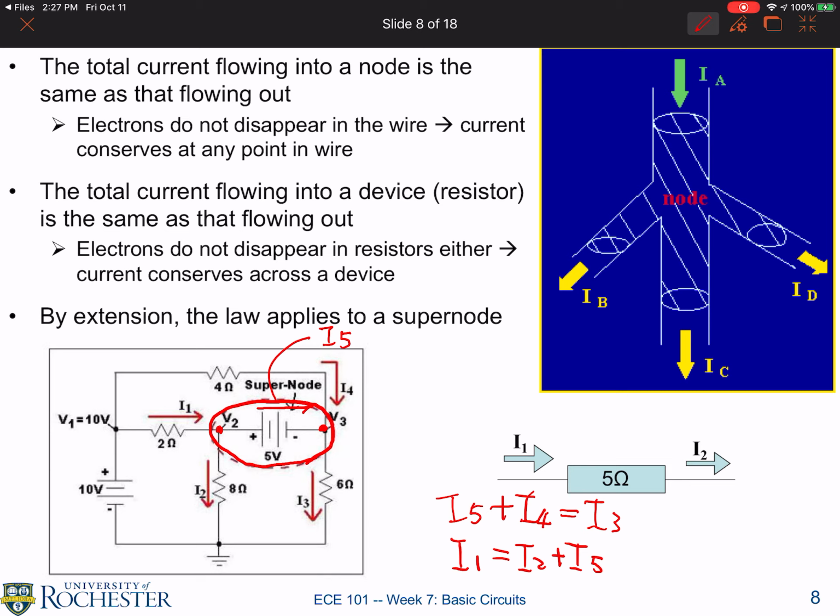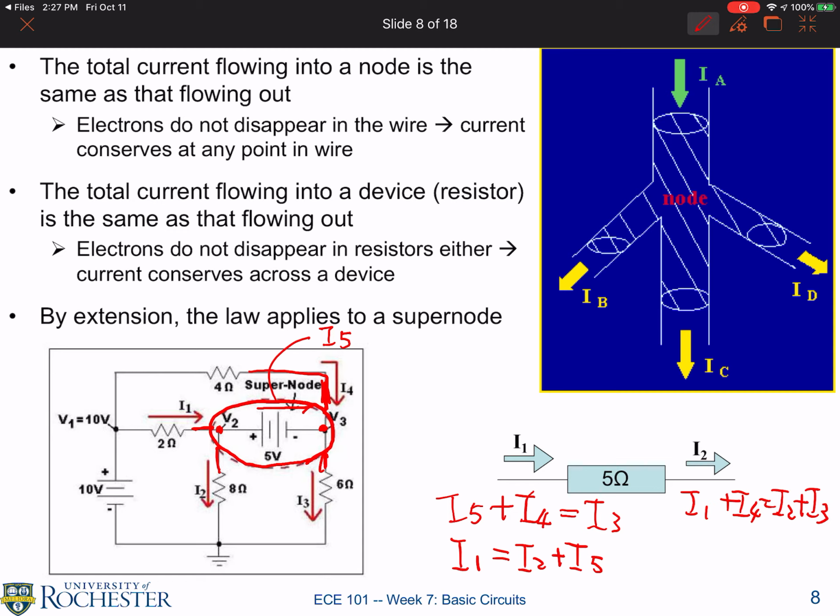The 4 ohm resistor is connected to this node, this other resistor is connected to that node. There are 4 circuit elements connected to this super node. The same thing would apply. Who's coming in? I1 and I4. I1 plus I4 has to equal I2 plus I3, which are going out.